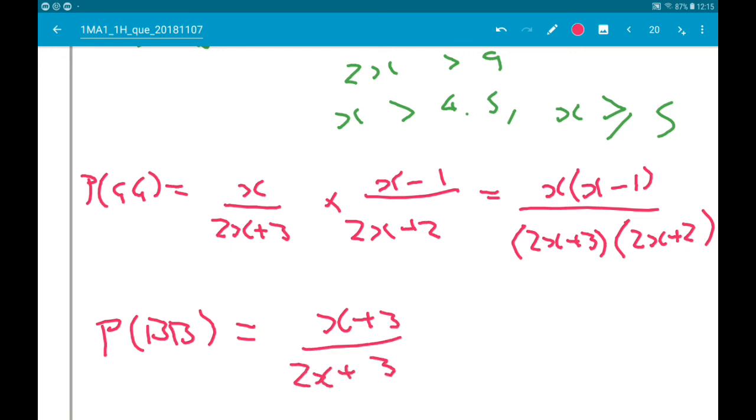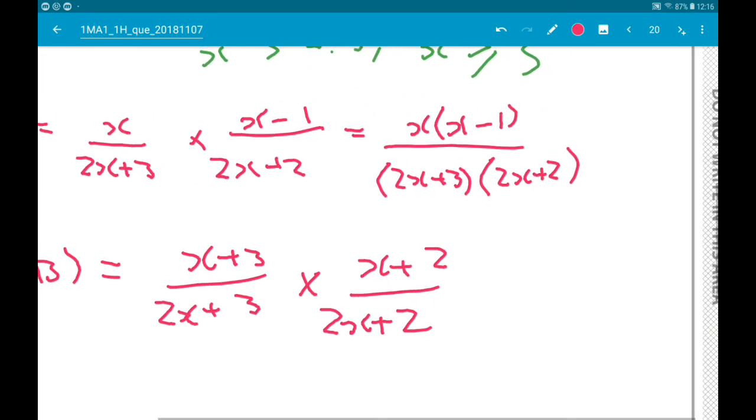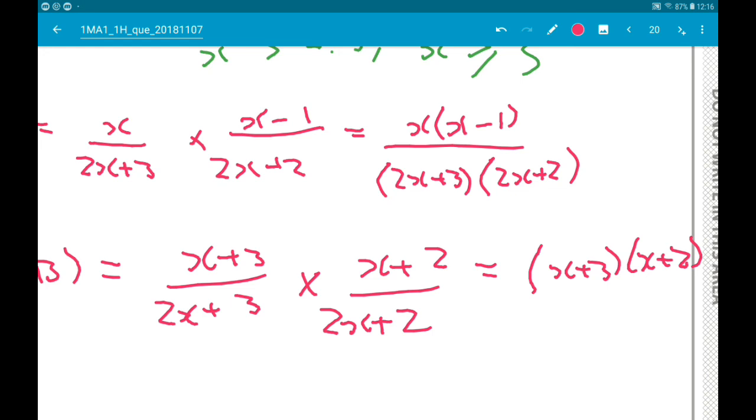And then if we've already taken a blue, we're now going to have x add 2 blues out of 2x add 2. So that is (x add 3) times (x add 2), all over (2x add 3) times (2x add 2).